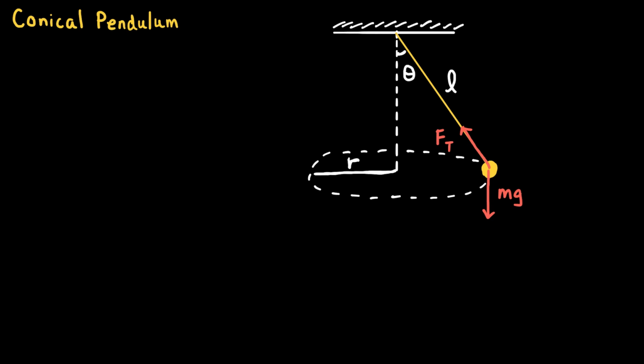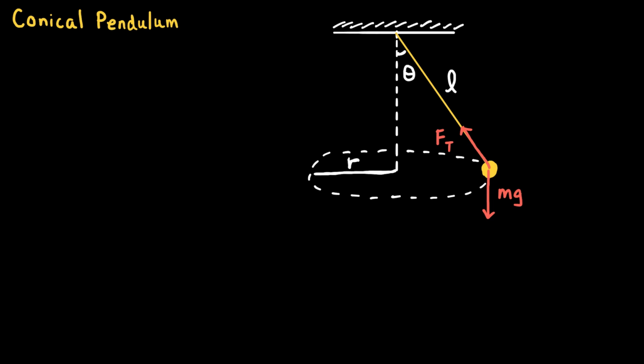Here I just have a ball that's drawn, but imagine the object moving with a constant speed v as it moves through that circle. If that were the case, then we would say that it's in uniform circular motion because it's moving with a constant speed v in a circle with a constant radius r.